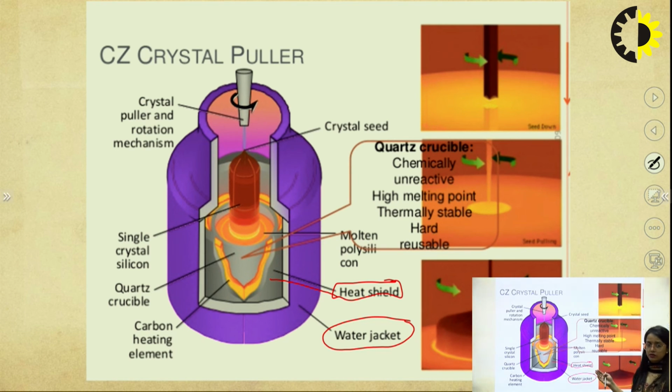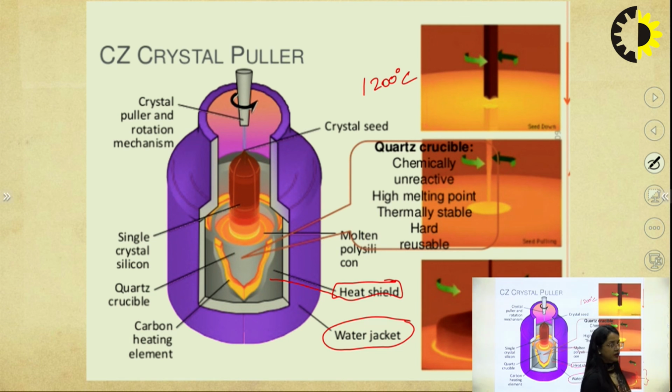This is another option we use just for better insulation, because the temperature inside, as I have already told you, is 1200 degrees Celsius. So this water jacket helps. Other than that, everything remains the same. Here we are rotating and pulling also, and a seed-like structure can be seen.